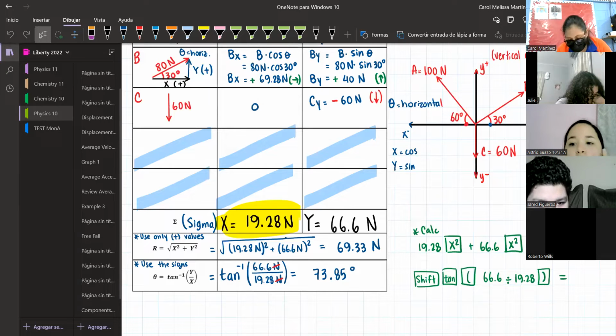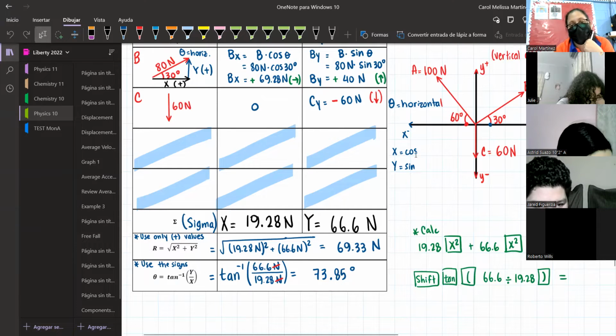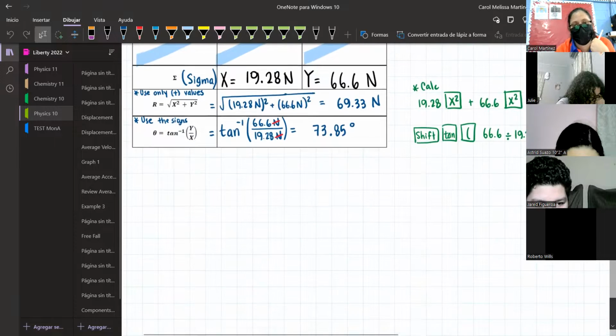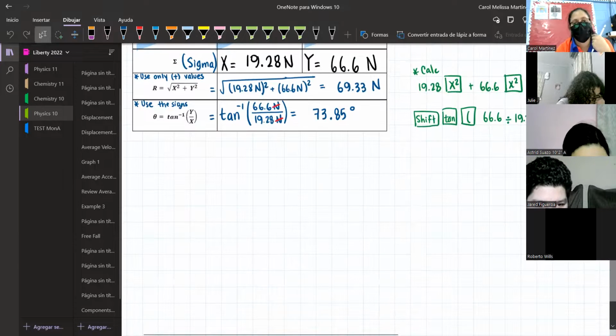This one is the vertical component. This is the resultant or hypotenuse. And this is the angle of the vector. So, what do we do after? We're going to sketch the answer. We're going to work with the bottom of the table to sketch the answer.